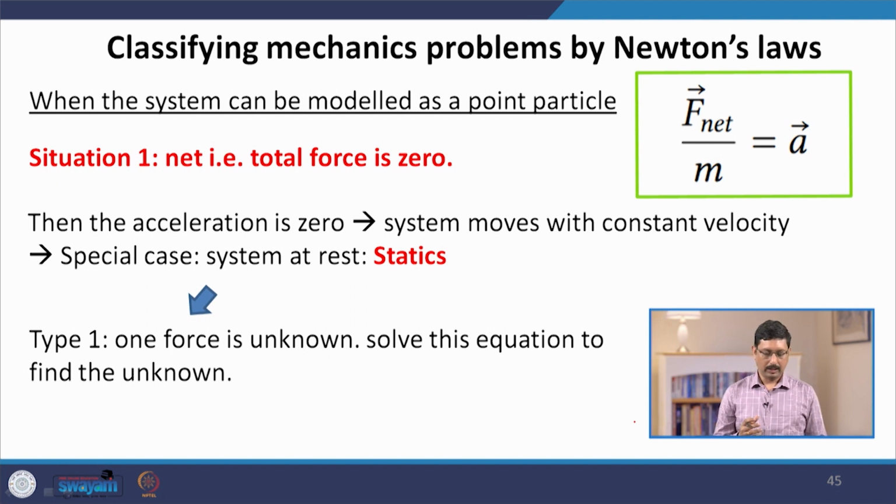Now, as we said, the goal of this course is to develop problem solving skill, the mechanics problem solving skill. Of course, if you want to develop problem solving skill in mechanics, the only way to do it is to solve mechanics problems, to struggle with mechanics problems and come up with a solution.